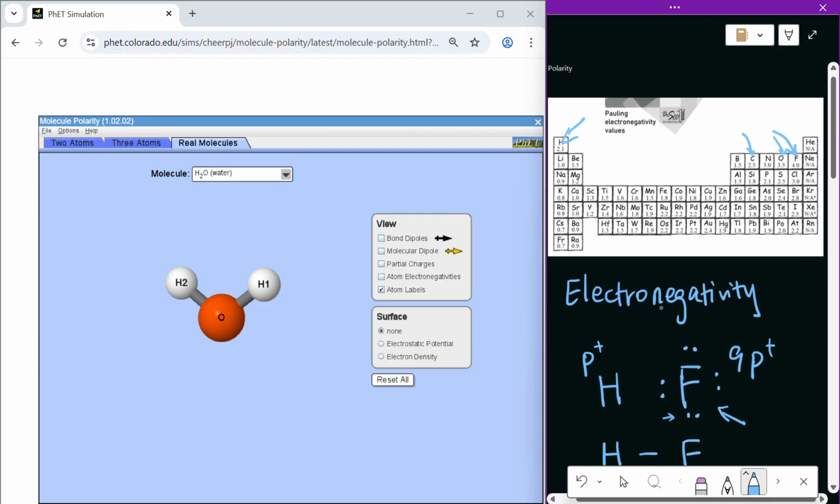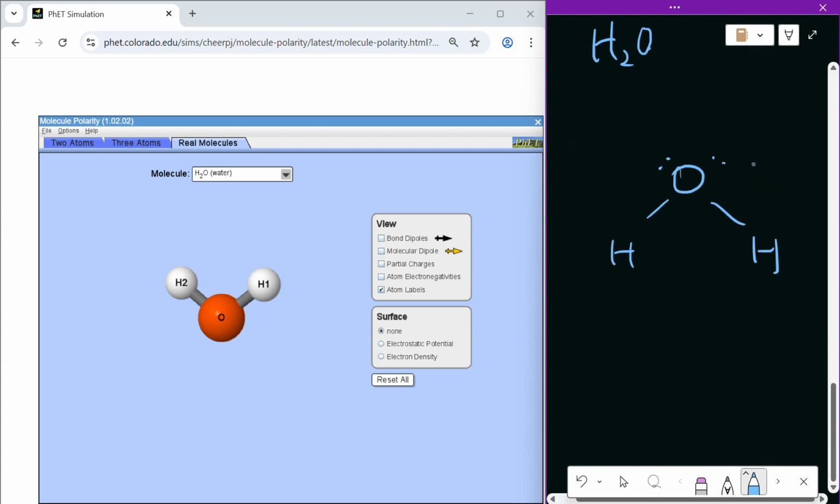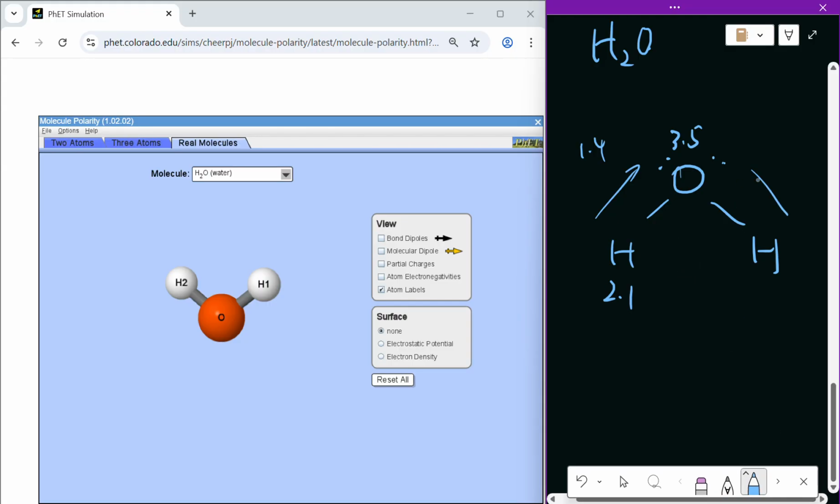And we will find the respective electronegativity grading again. So the hydrogen is 2.1 and oxygen is 3.5. So for this single bond right here, we would have a difference of 1.4, and the electrons are going to be pulled towards the oxygen side. And the same happens to the other side as well.